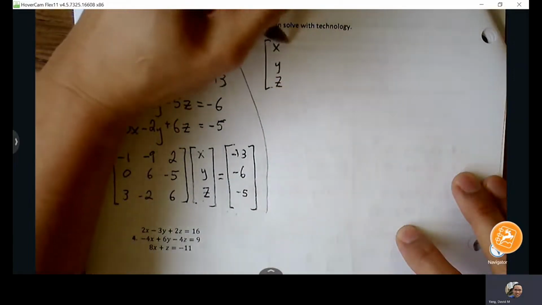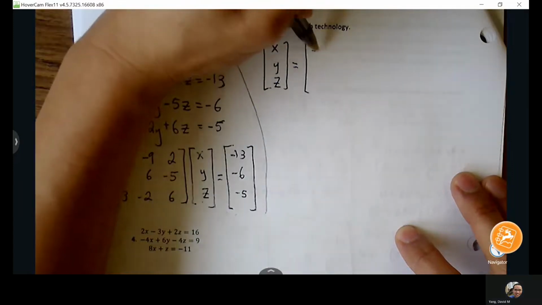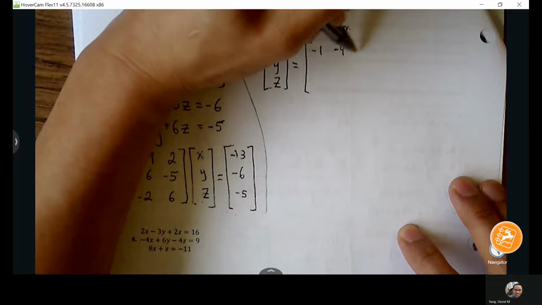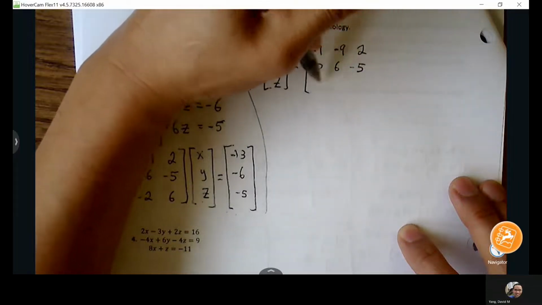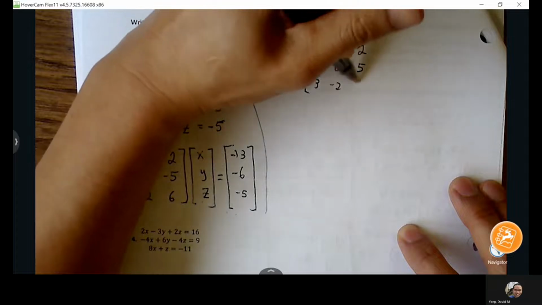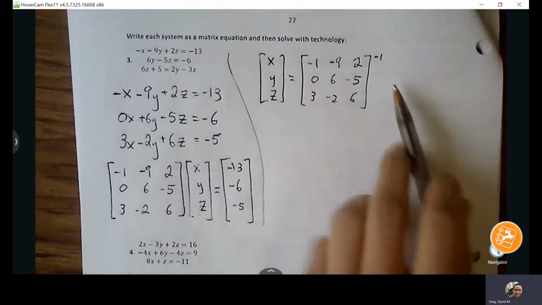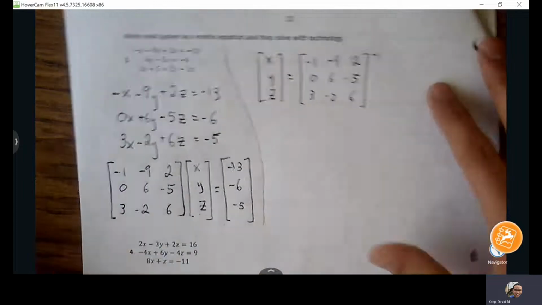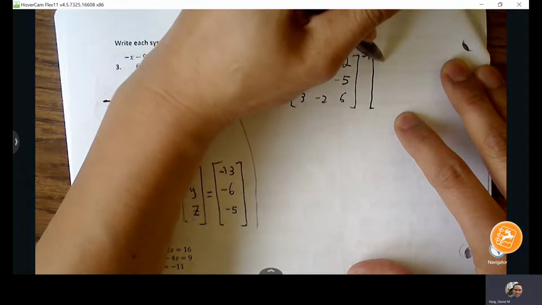And after this, we should be ready for our calculator to do the heavy lifting for us. Make sure you put a -1 notation here to indicate that you're going to be calling the inverse of that matrix.